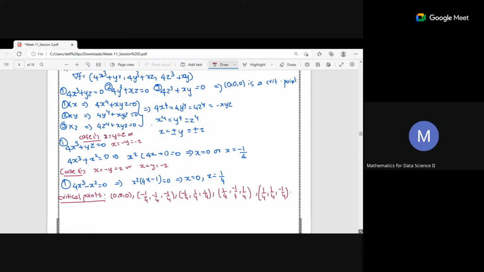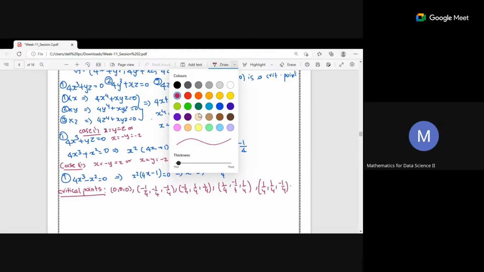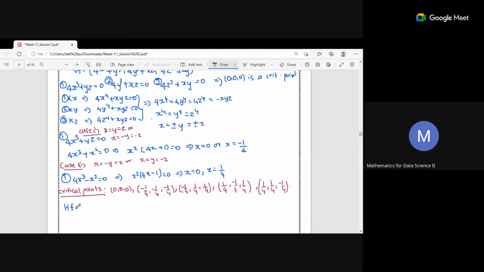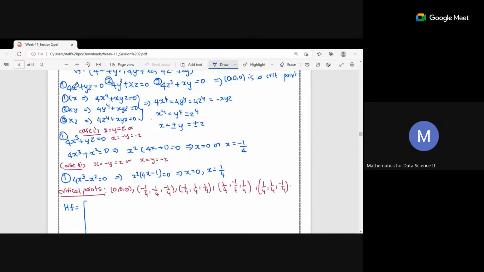Yes. Now, from these critical points, we need to identify which are the local minimum, maximum, and all that. So first, we need to write the Hessian matrix. What is your Hessian matrix? So here is your fx, fy, and fz.